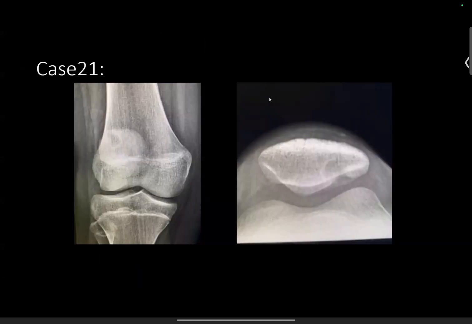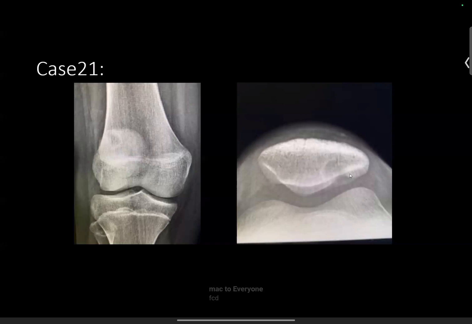This is a lesion someone detected on a radiograph. It's in the superolateral aspect of the patella, and it has a very funny invagination from the subchondral bone, right? And so you might think, could this be a chondroblastoma because it's an epiphyseal lesion? But this invagination is very characteristic.